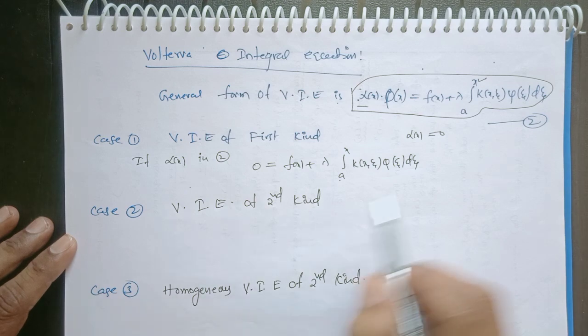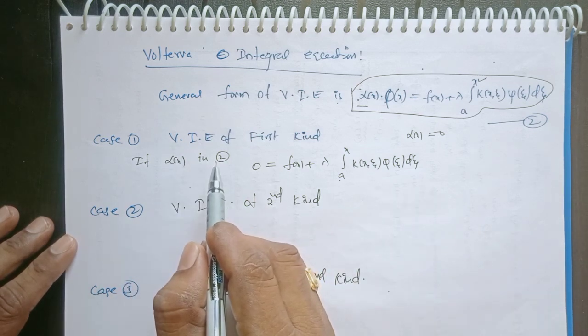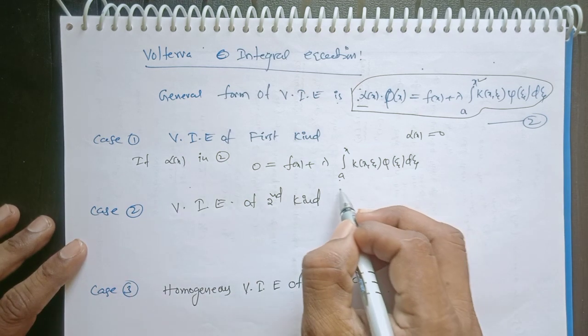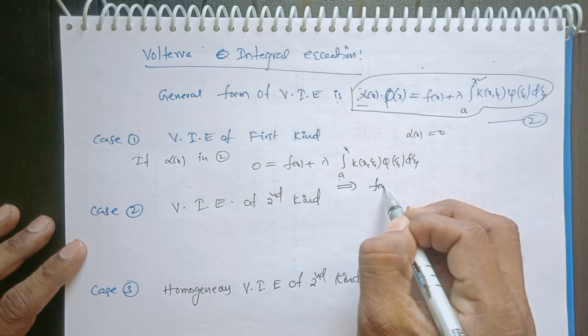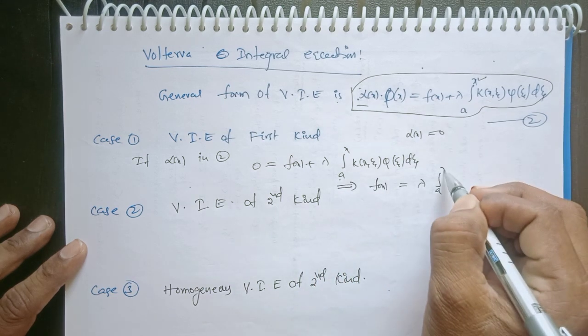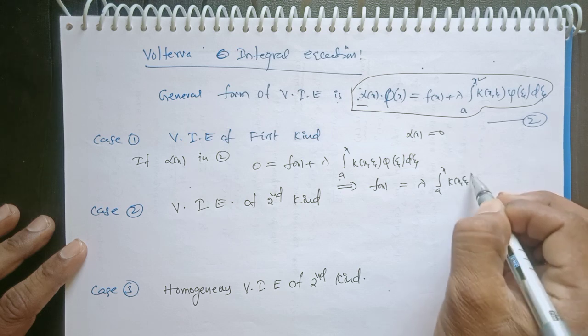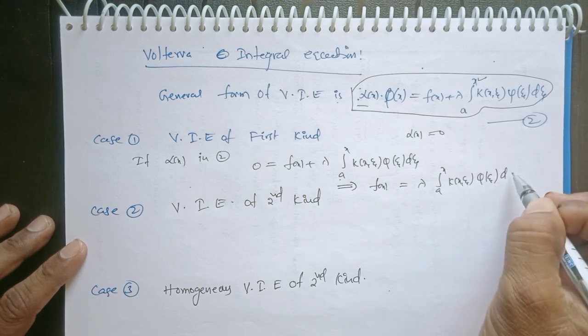It is also written as f of x is equal to minus lambda times the integral from a to x of k of x, xi phi of xi d xi.